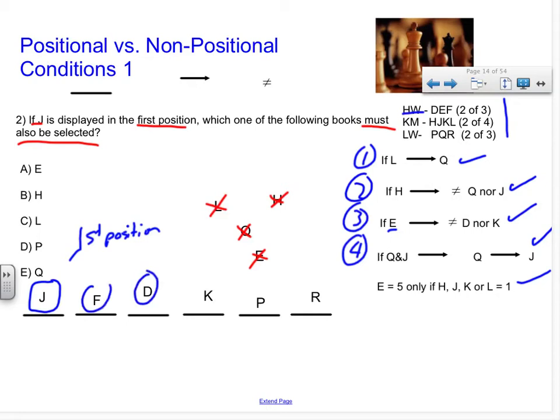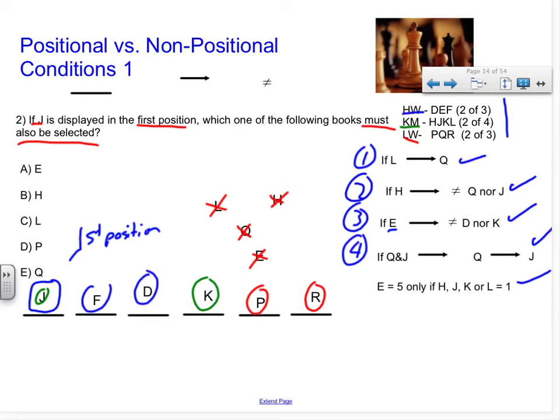For K and M, we need 2 of the 4, H, J, K, and L. We'll represent that in green. We've got H and J. For LW, we have P, Q, R, so we have P and R right here. So we've met all the conditions.